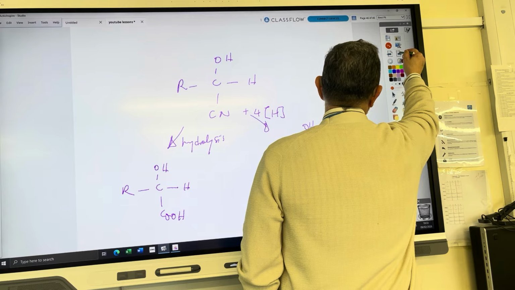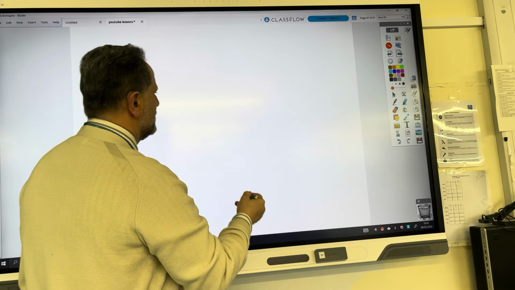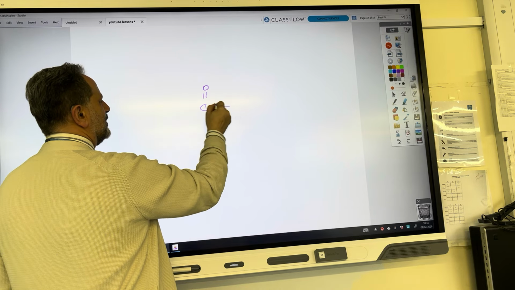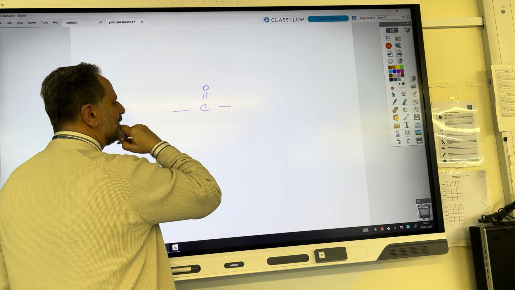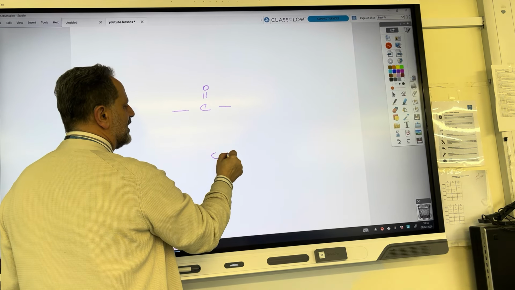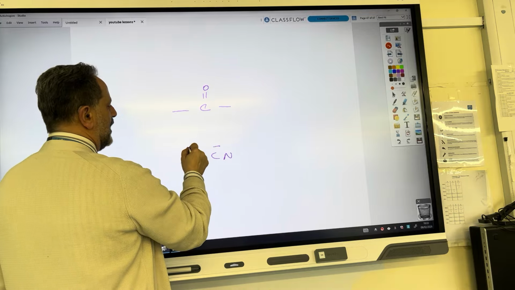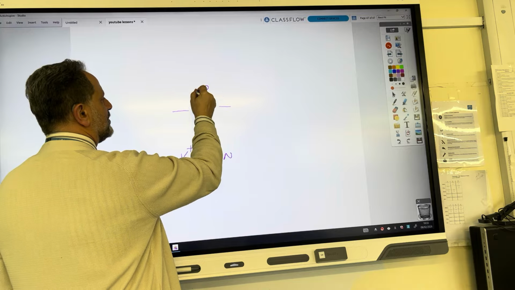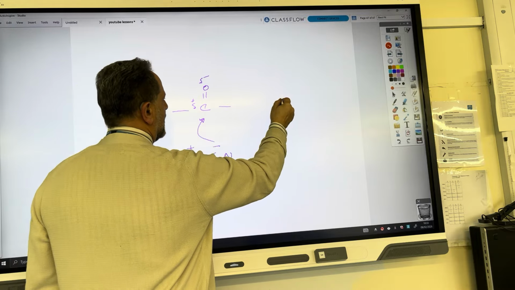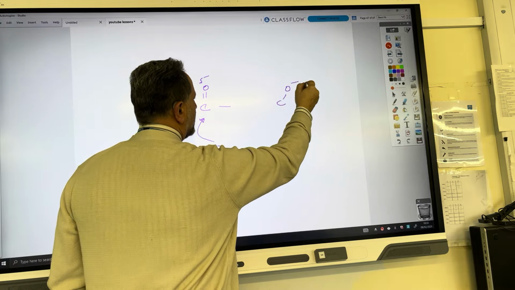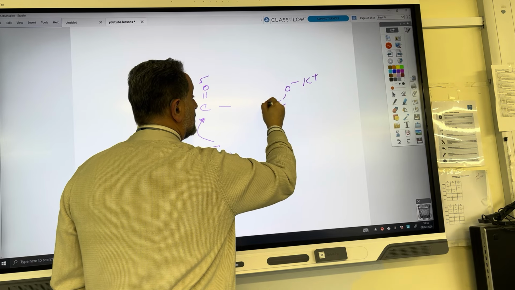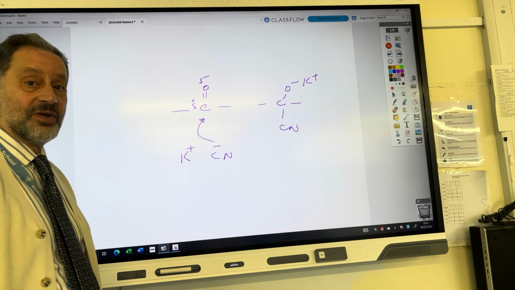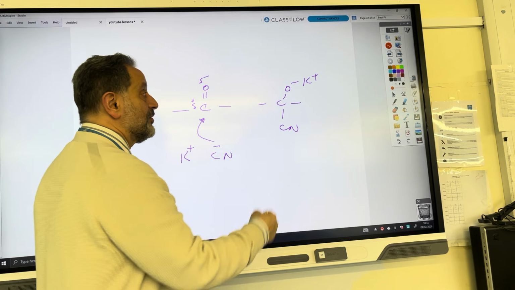What about if instead of hydrogen cyanide, you use potassium cyanide, for example? So in potassium cyanide, you have CN minus and K plus. So it does what it did before, delta plus, delta minus, and then you get your O minus, but the only problem is that it sits next to potassium, producing the corresponding salt. So what do you have to do now?